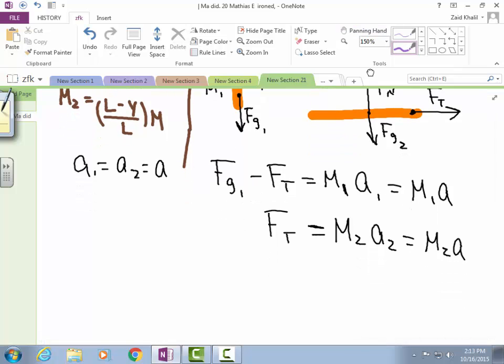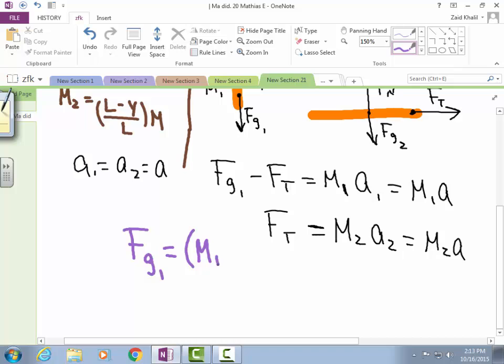Notice Fg1 minus Ft plus Ft is Fg1. And what do you get on the right-hand side? And now notice something. This is beautiful. What's M1 plus M2? M. That's right. It's just big M.